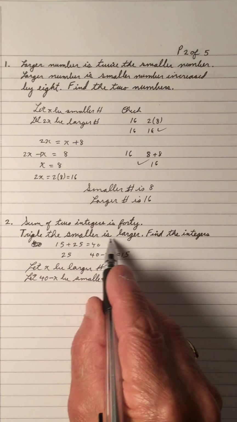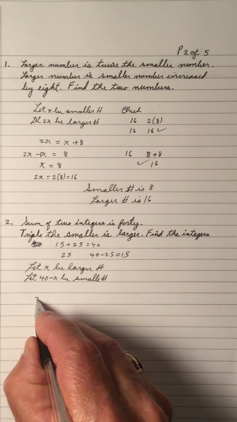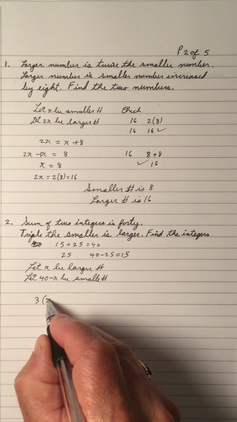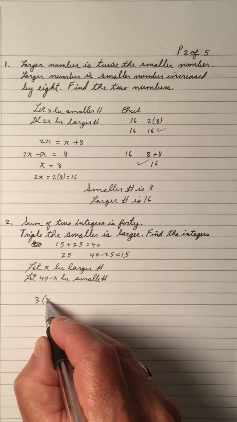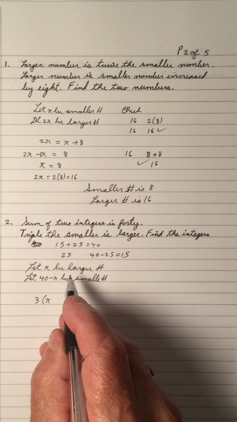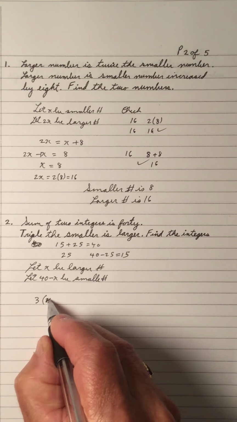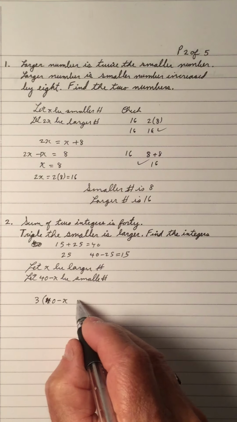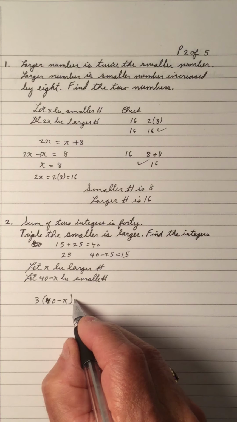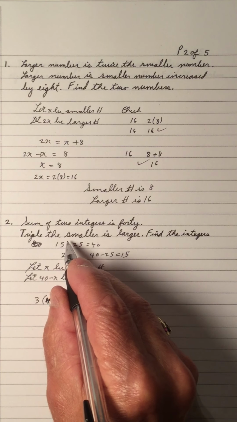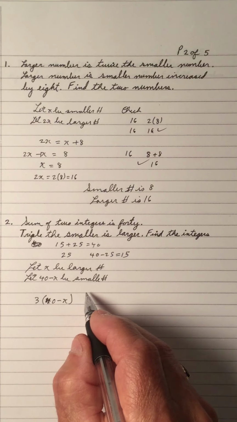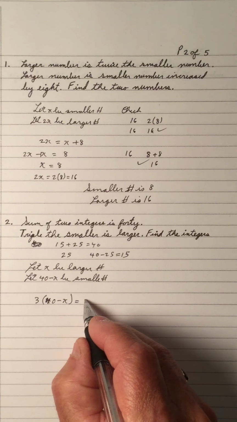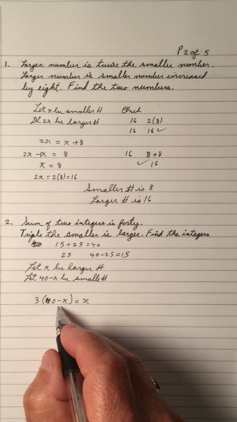Triple the smaller is the larger. Triple is 3 times. The smaller number is 40 minus x. Triple the smaller is the larger, and the larger is x.